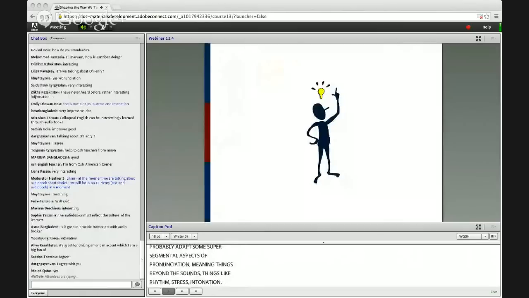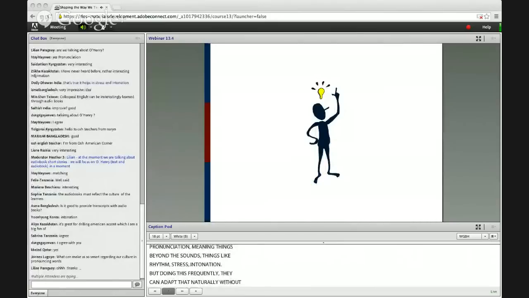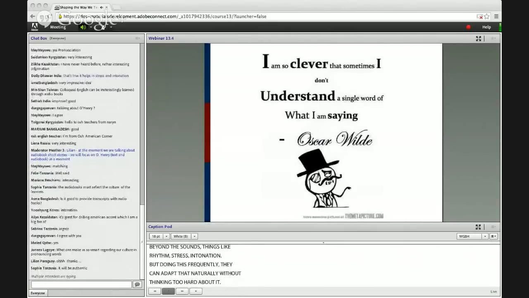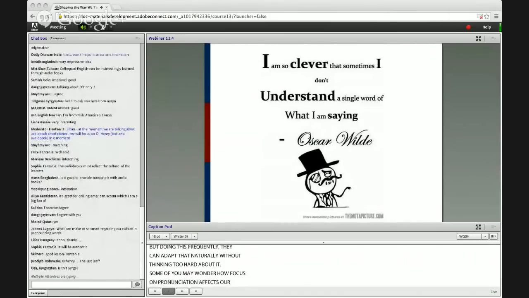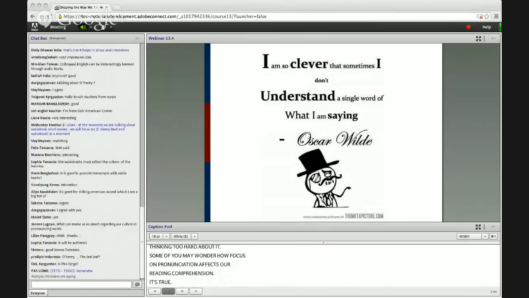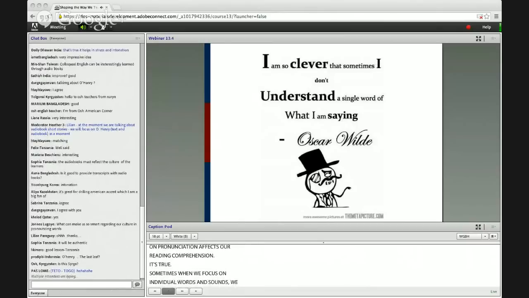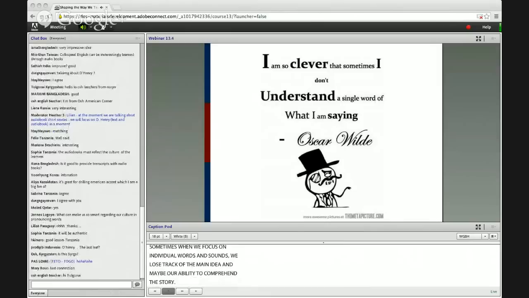Some of you might now be wondering how all of this focus on pronunciation affects our reading comprehension, right? Well, it's true. Sometimes when we focus so hard on what we're saying or on individual words or sounds, we lose track of the main idea and maybe our ability to comprehend the story. So it's a good idea to give students someone else to listen to from time to time, maybe instead of having them read aloud by themselves.